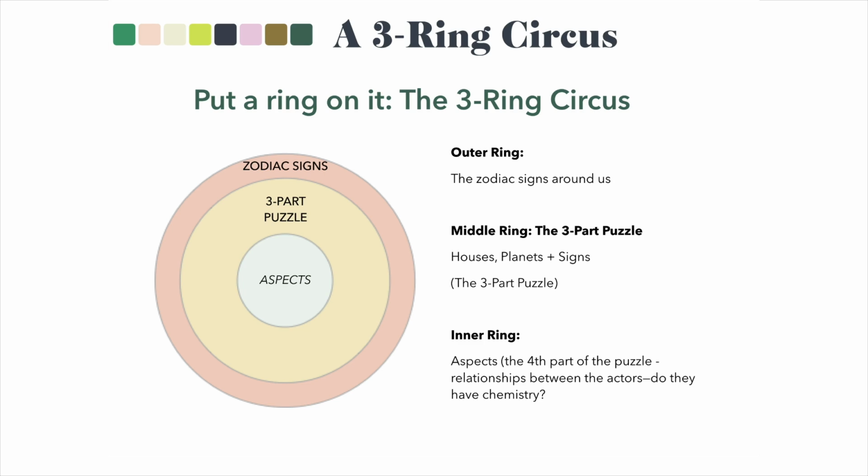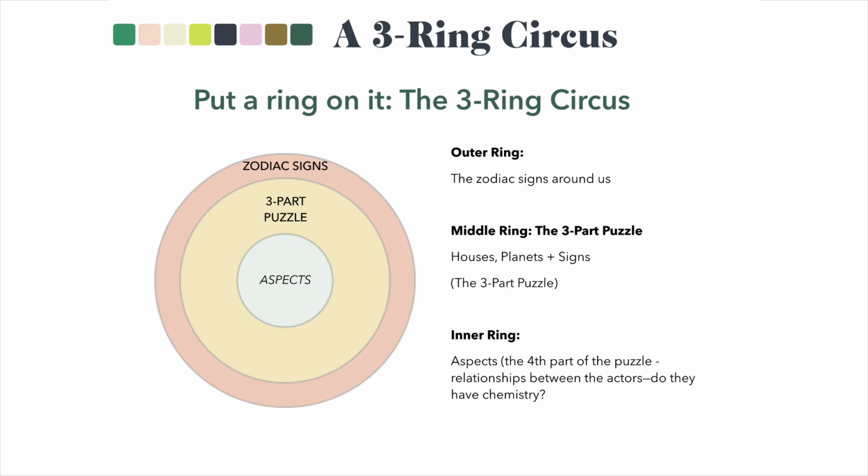And then the inner ring, which we're not going to get into in this lesson, represents the 4th part of the puzzle, the aspects. Those are the relationships between the planets, or the actors. So, do they have chemistry? Were they cast well as romantic leads in this, or is the movie going to flop because they have no chemistry?